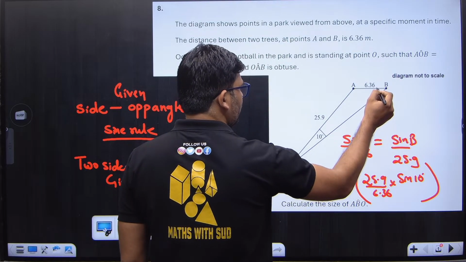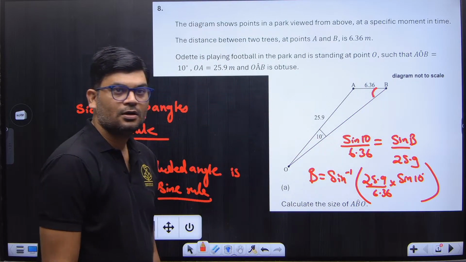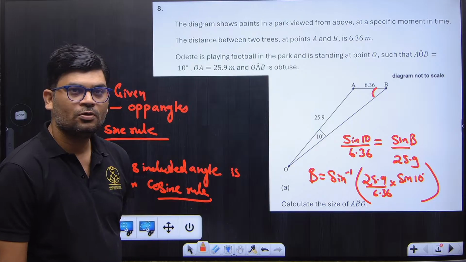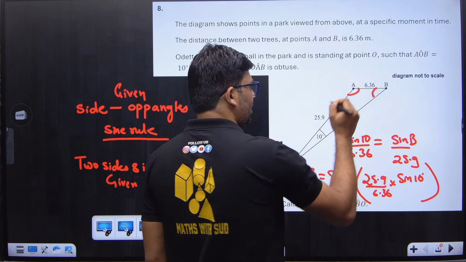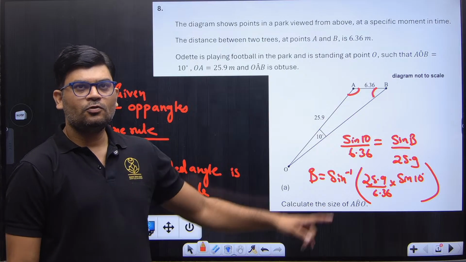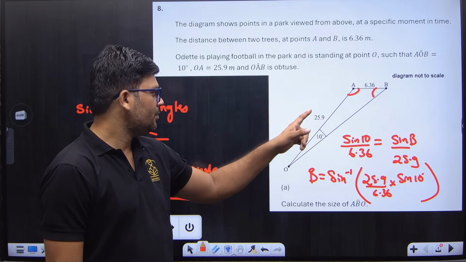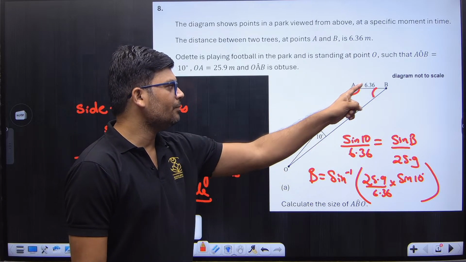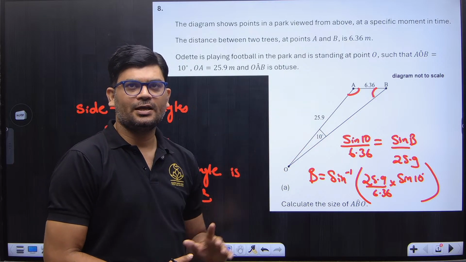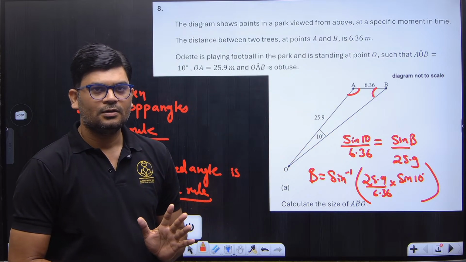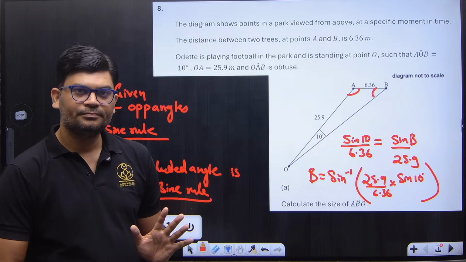Now that you know angle B and angle O, you can add them and subtract them from 180 to get angle A. And if you know angle A, you can easily find the area by using half into 25.9 into 6.36 into sine of this angle. Understood? Yes. You can do that as well.